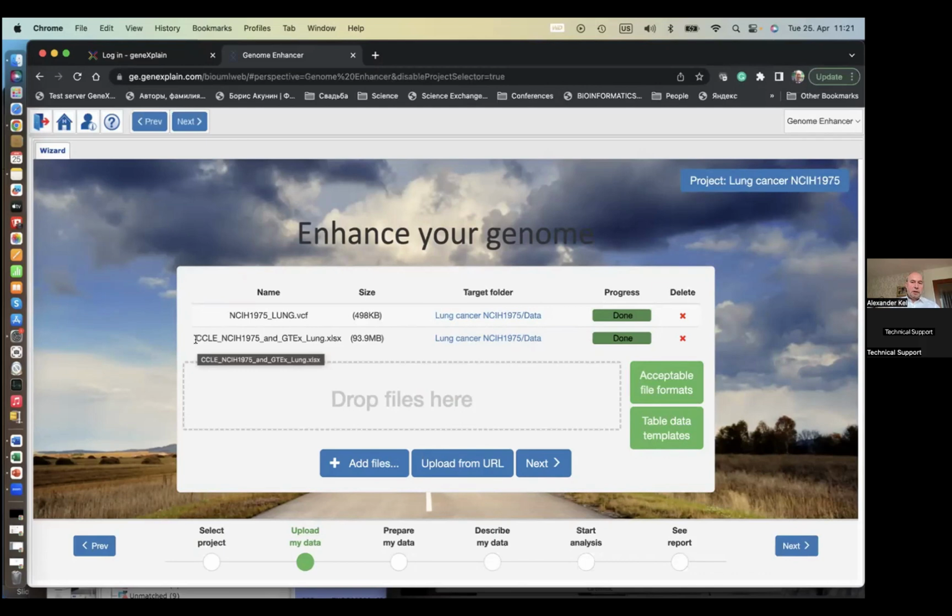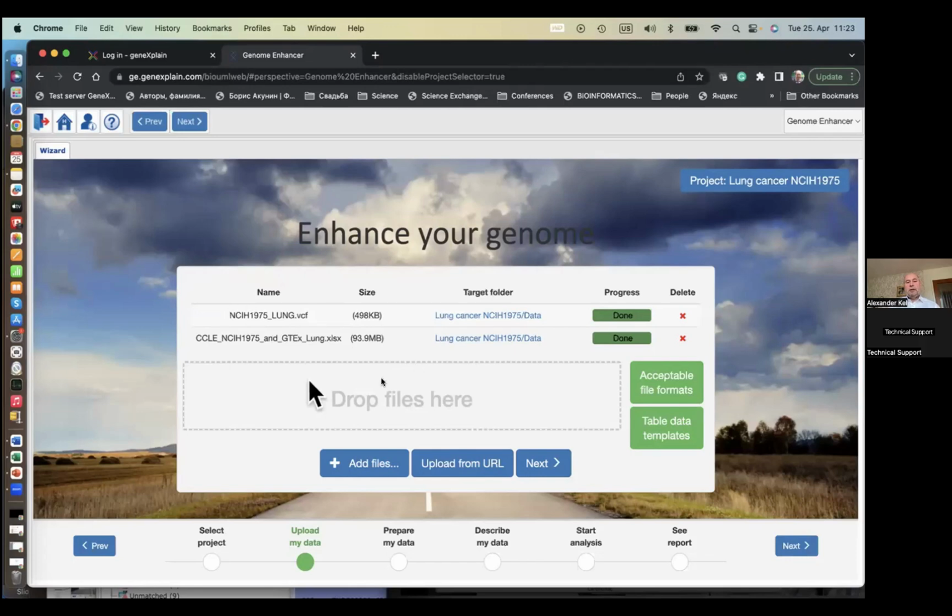What I did today, I didn't just take mutations, but mutations observed in that cell line together with transcriptomics data, which gives me information about which genes are upregulated or downregulated in that particular cell line. And now I want the system to combine these two types of data, and you will see how they interplay.